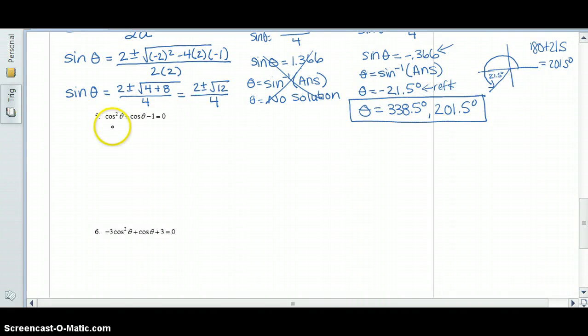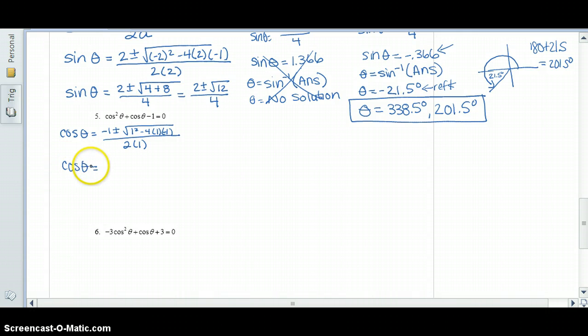Okay, so moving on to problem number 5. We've got a Pythagorean theorem problem again. So we are going to start by saying that the cosine of theta is equal to the opposite of b, so -1, plus or minus the square root of b squared minus 4ac, all over 2 times a.